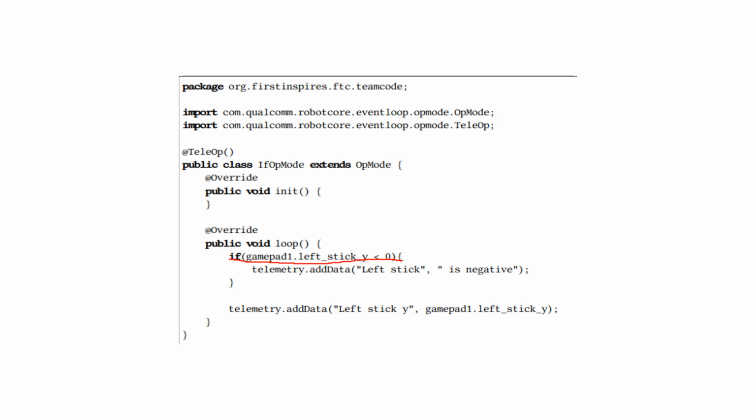What the code is doing here is considering whether the statement inside the parentheses, gamepad1.left_stick_y is less than 0, is true or not. And if gamepad1.left_stick_y is less than 0, then the functions inside the curly braces will execute.